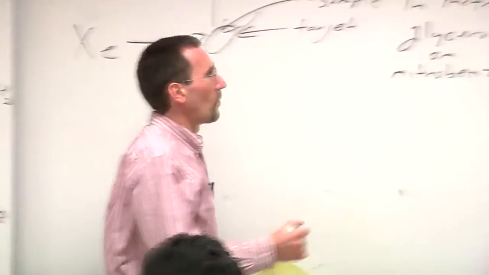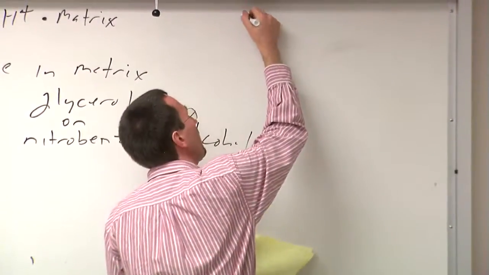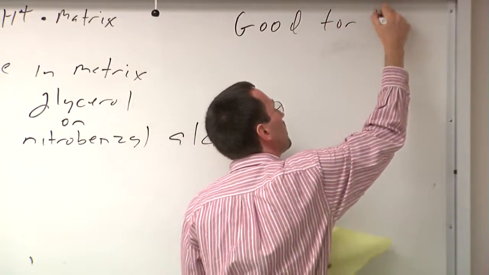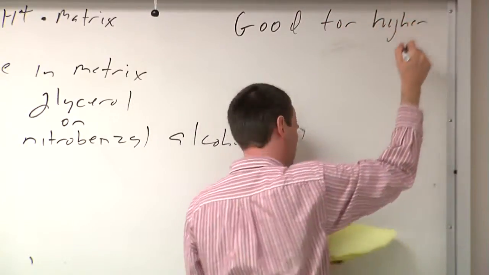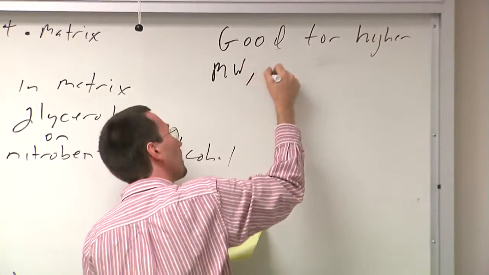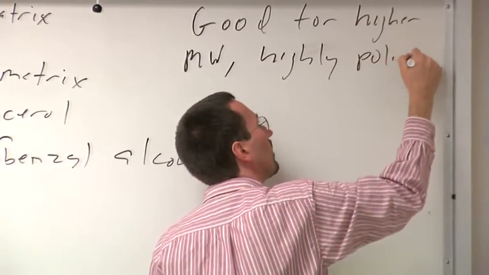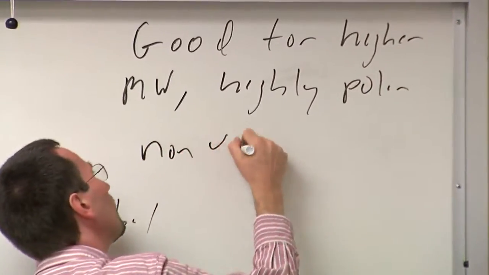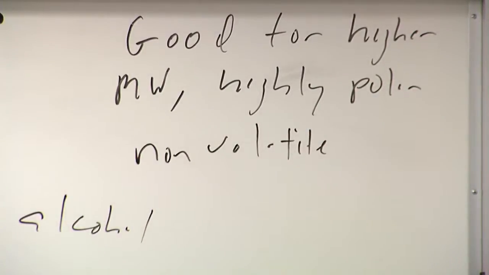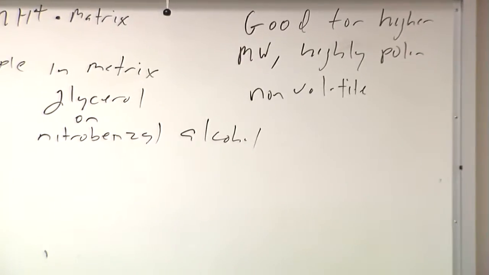So this is good for highly polar compounds, non-volatile compounds, and higher molecular weight compounds. It's also good for compounds that tend to fragment in CI if you want to see the molecular ion.